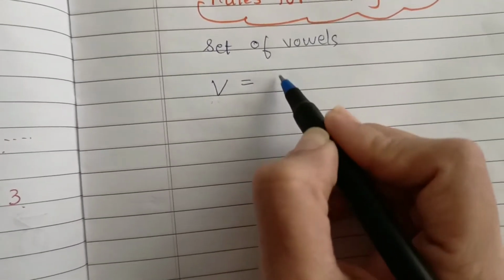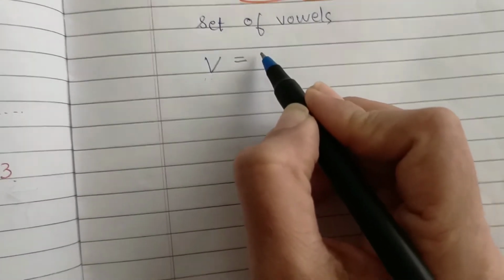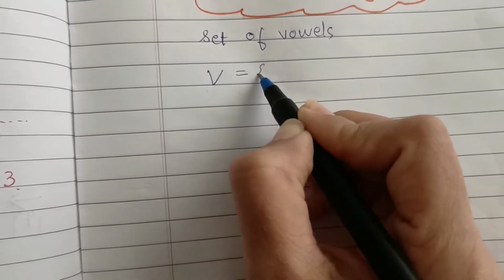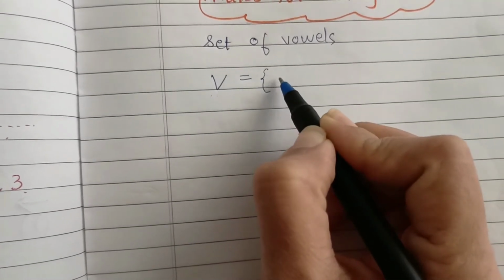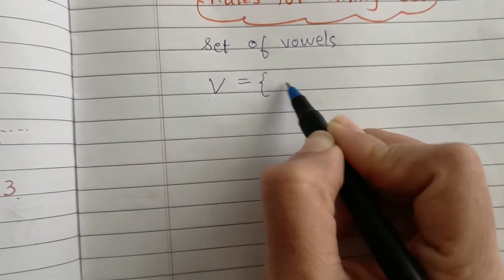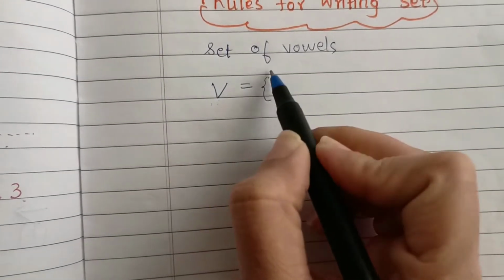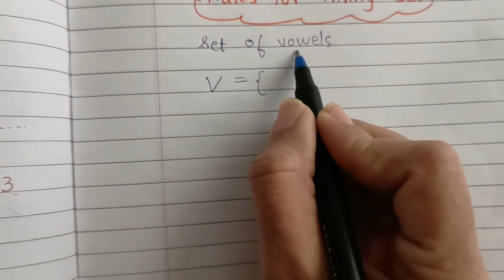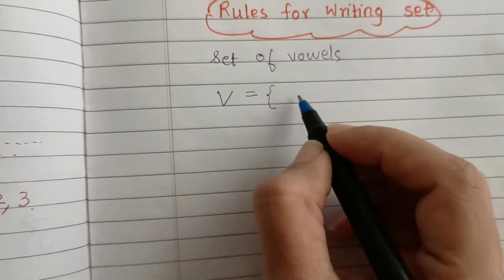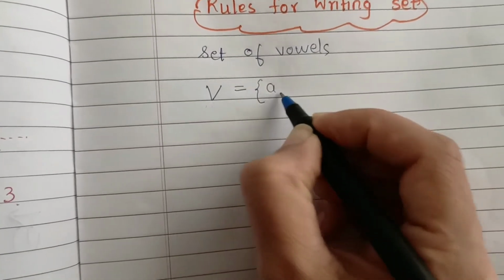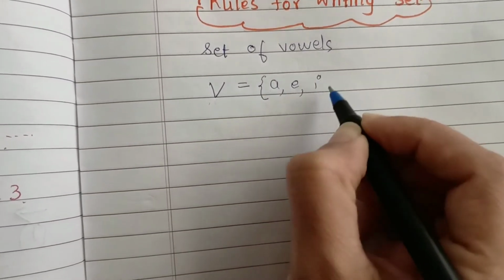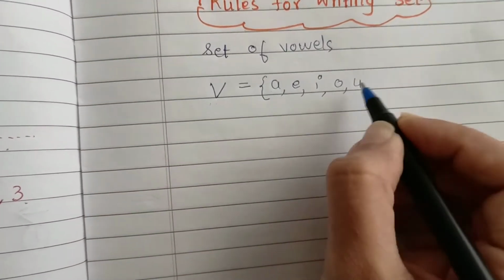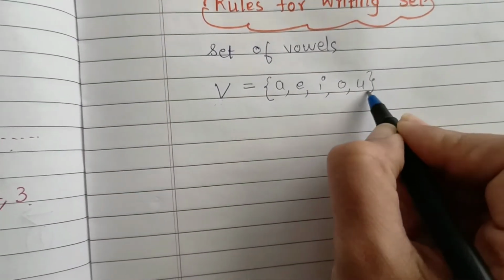So whenever we write down the set, the set is always represented in curly brackets. Okay, so we'll write down the set. Now we'll write down over here the elements of the set V. Elements means what is the condition? Set of vowels. So we are going to write the set of vowels over here: A, E, I, O, U, and we'll close this again with a curly bracket.